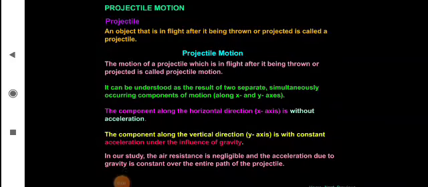Now let us study about projectile motion. An object thrown into space with an initial velocity at an angle to the horizontal is called a projectile.